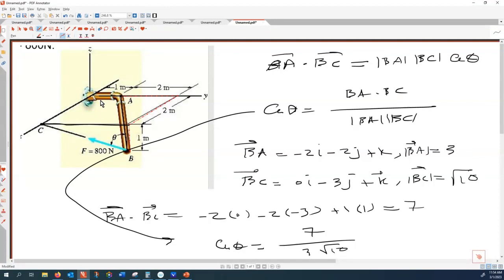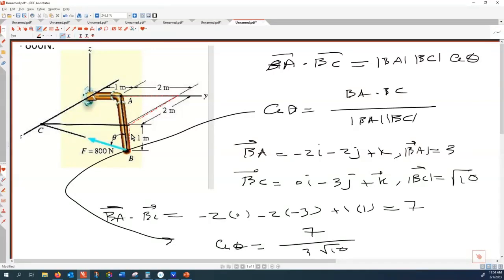Questions? So even though the vectors have I, J, K, don't keep them there in the last step before you get the actual cos theta.